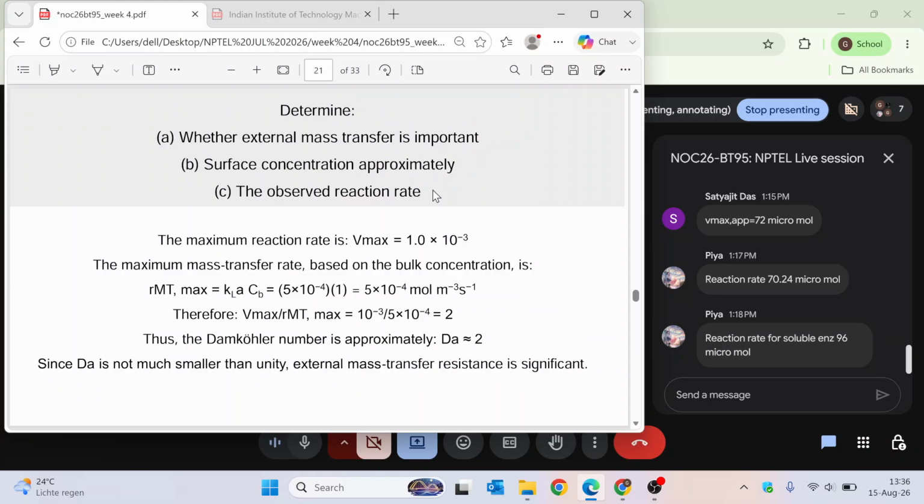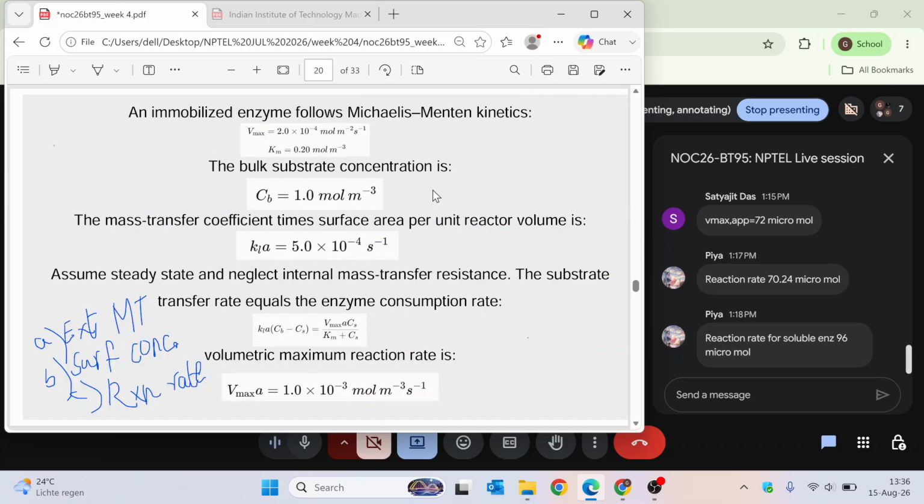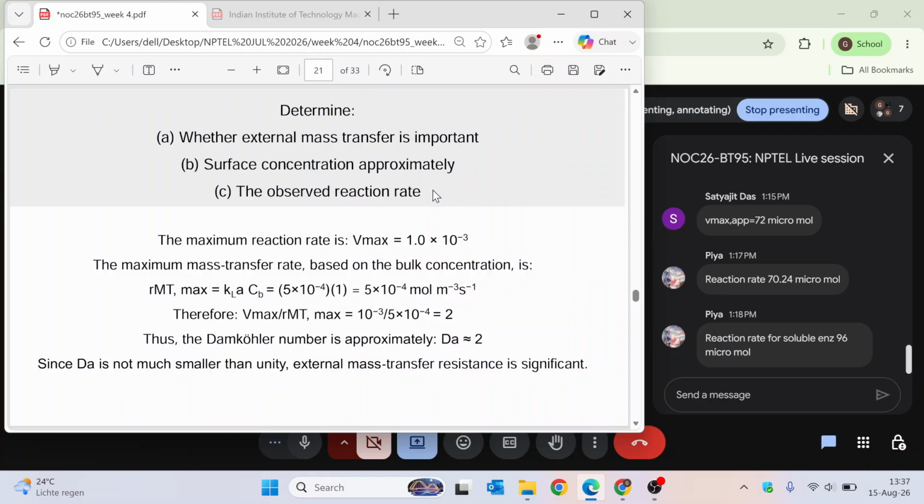Okay, so here you are given with a maximum reaction rate of 1 into 10 to the power minus 3 moles per meter cube per second. The maximum mass transfer rate based on the bulk concentration is RMT max. So that you can find using KLA into CB. So you have both the values, and that gives you 5 into 10 to the power minus 4 moles per meter cube per second.